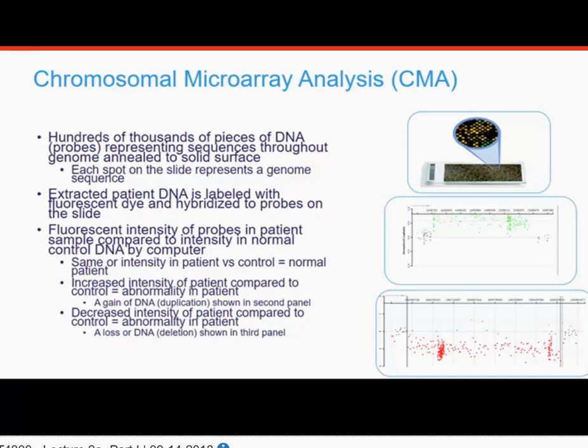When the patient has a higher intensity at that probe level, like in the middle here, that's telling us there's a gain of DNA. When there's less intensity compared to the control, it plots below the log ratio line of 0 here, and that's telling us there's a deletion in that area. The arrays can also give us the exact, or fairly close to exact, base pairs of what's deleted or gained, what the boundaries are.